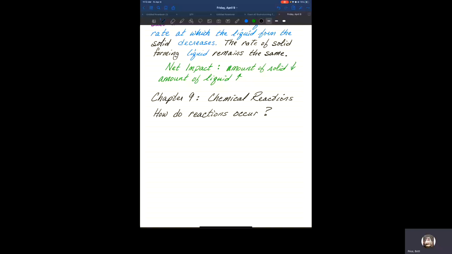Before we get into some of the math stuff, there are two questions that I want to talk about. One is, how do reactions occur? When you take more chemistry classes, you'll be introduced to this idea as what's called a mechanism.